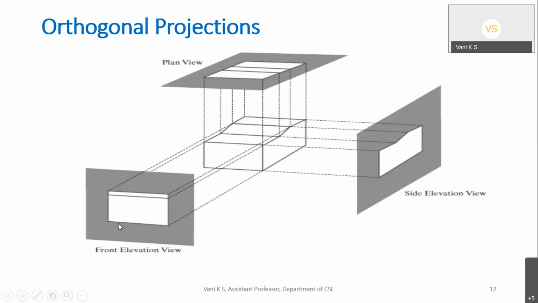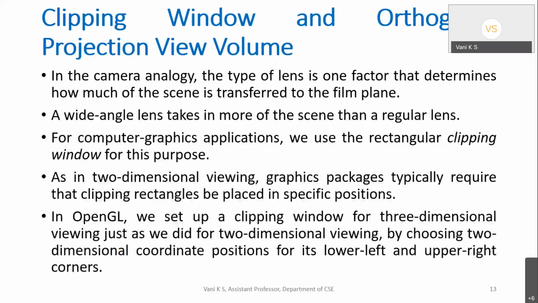Then we call this type of projection orthogonal projection. Parallel projections, definitely they should be parallel. In addition to being parallel, when these lines are perpendicular to a view plane, and the view plane can be set up in any direction, here in side view, here on top, here in the front, then we call that type of projection orthogonal projection.